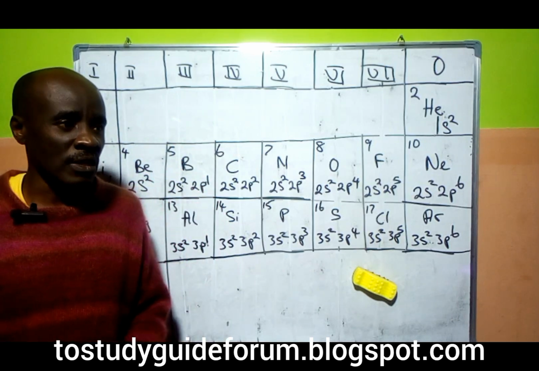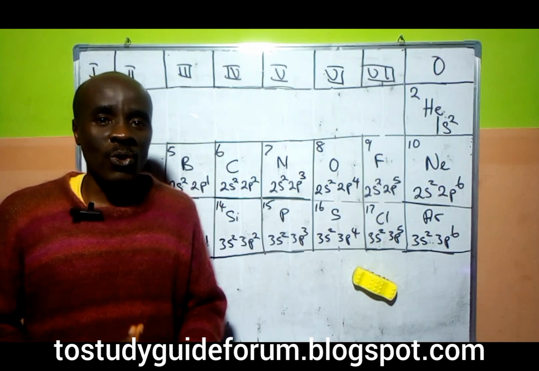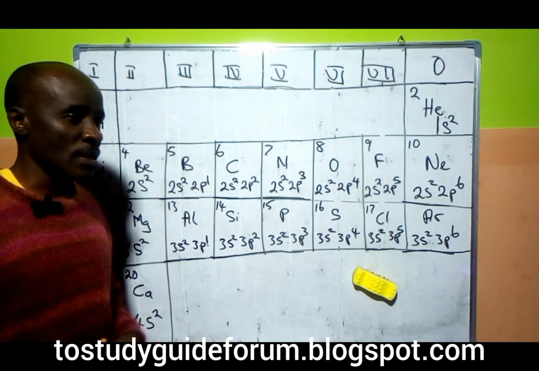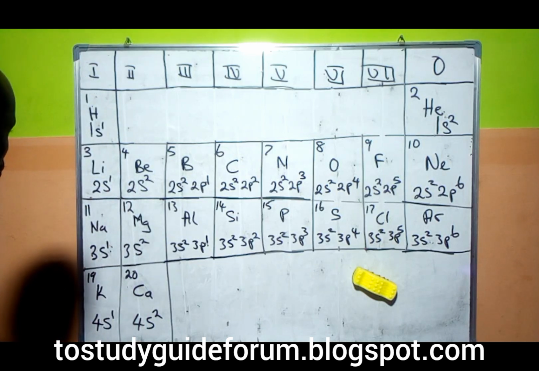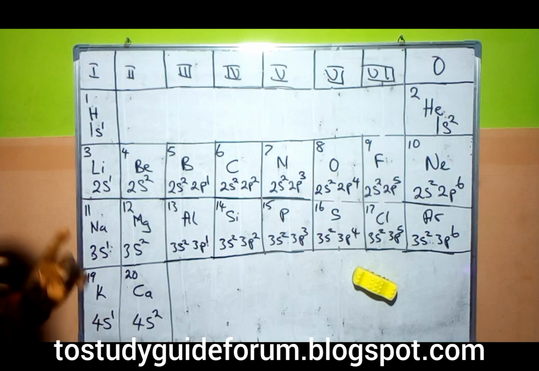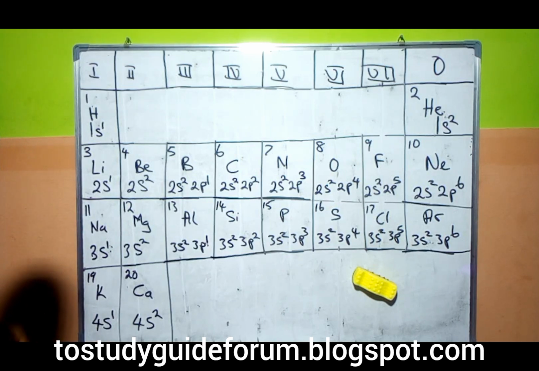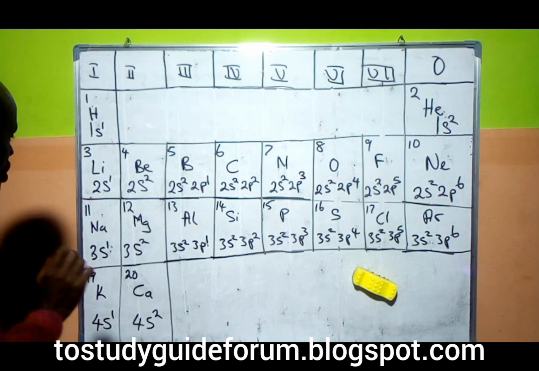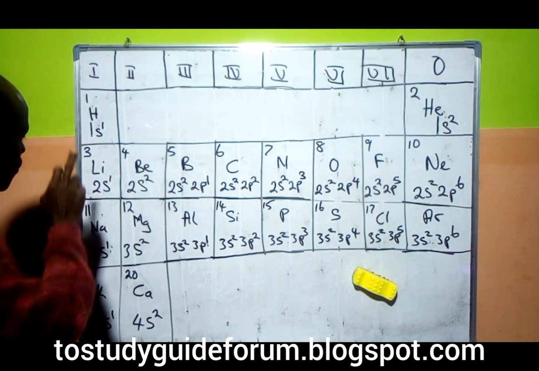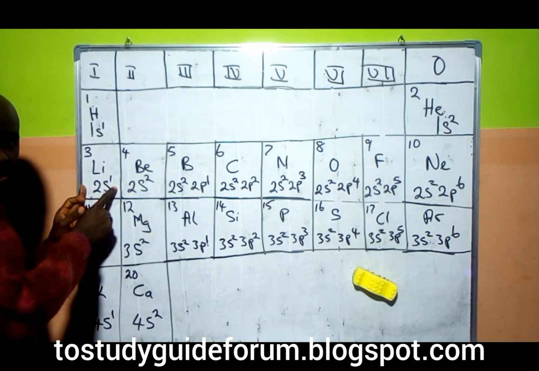Now, what is the cause of this? There is a basic cause of this ability to show basic similarities. These similarities they have are as a result of what is observed from each of them. For you to identify a group, for example, when we look at group one, you find out that for each of their outermost shells, they have one electron in their outermost shell.